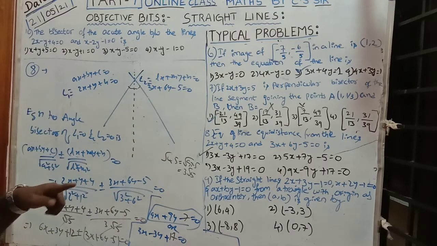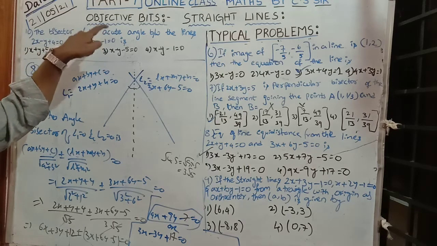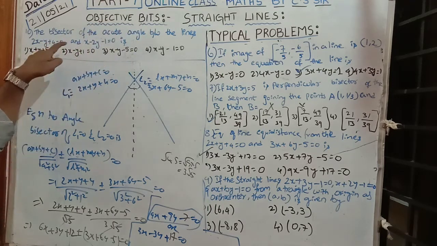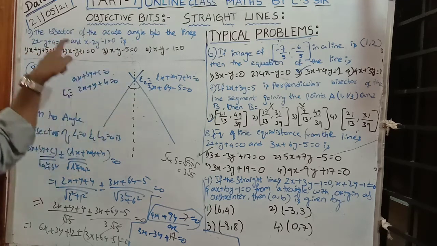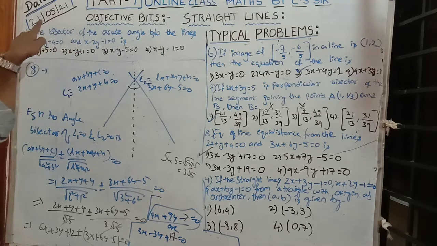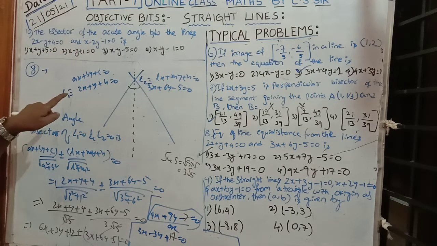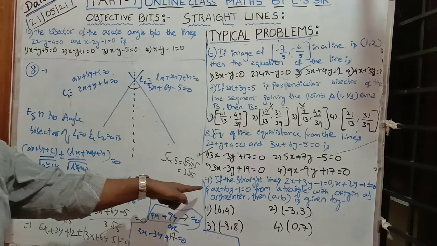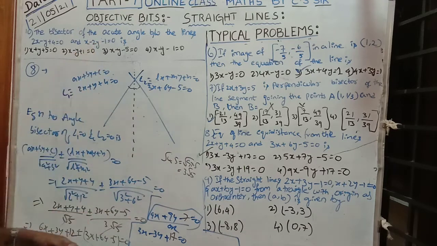But here the 10th question is clearly given, you see: acute angle between the lines, angle bisector of the acute angle. That is the internal angle bisector of the lines. How to find it, I will tell you. The procedure is the same. In this question, that is not clearly asked. Next we will go to this one. Just pass.